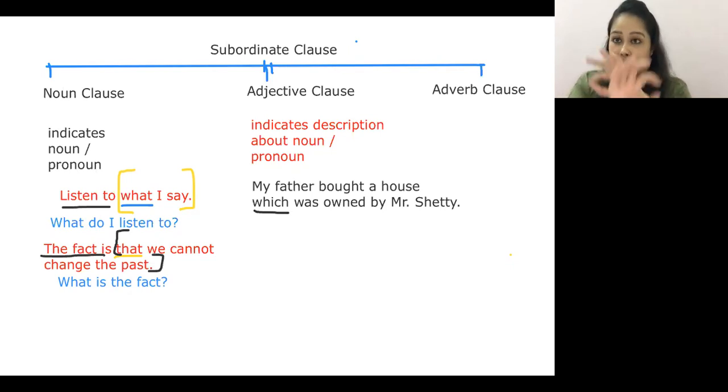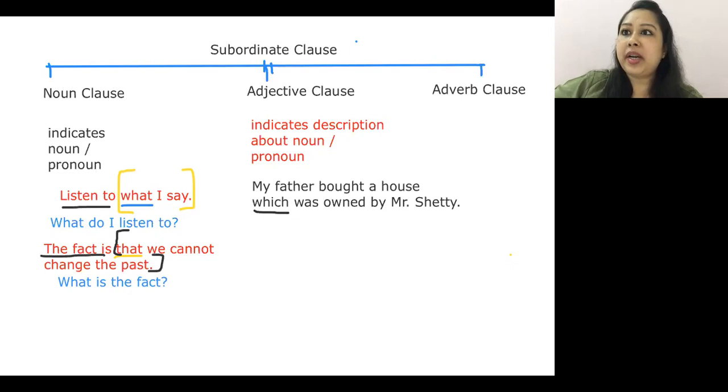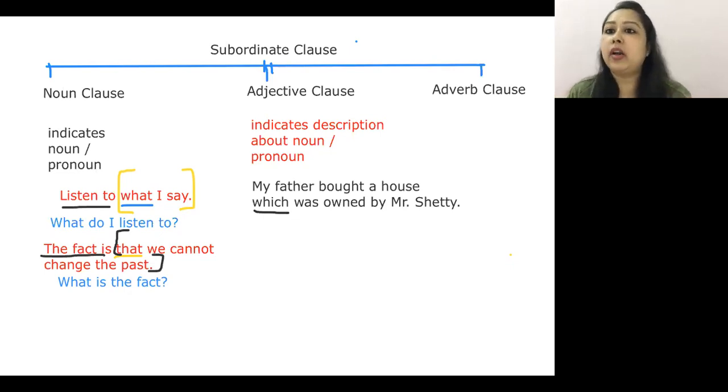Throughout the sentence, I have my father, number one. I have house, number two. And I have Mr. Shetty, number three. Now, I don't have to do anything with Mr. Shetty because I feel that is my subordinate clause. We have which here, and that part of the sentence is becoming my subordinate clause.